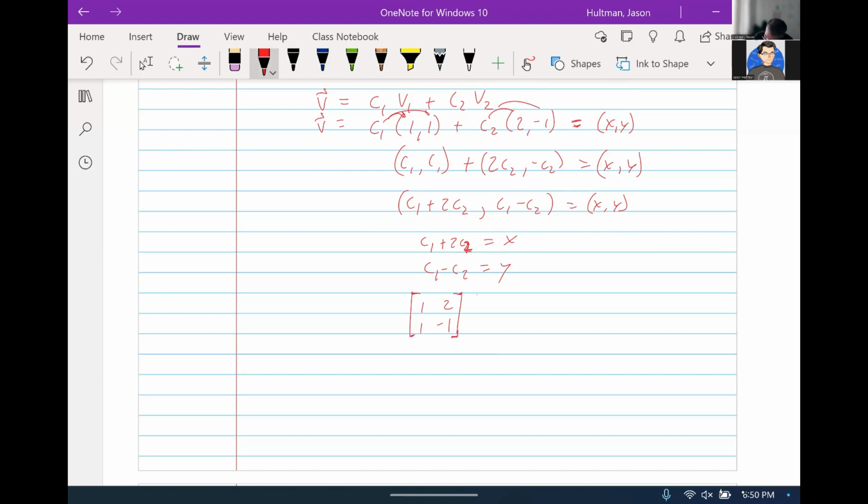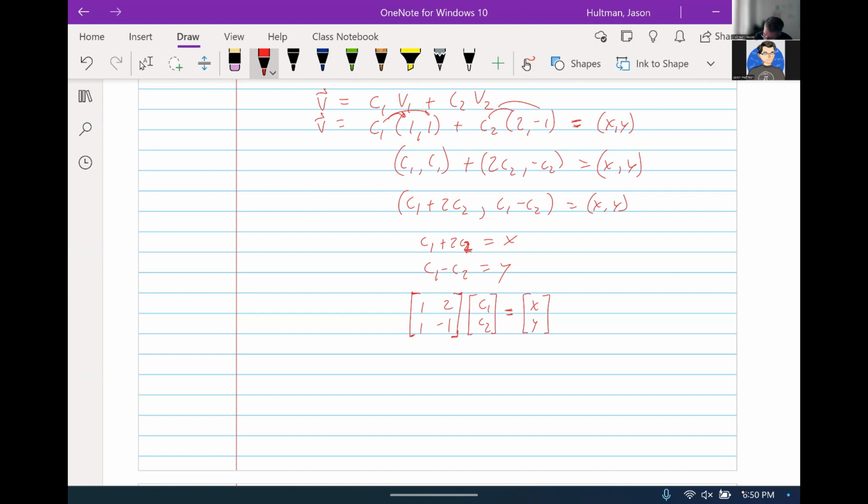I've got a constant matrix of c1, c2. And then I've got a variable matrix, or a variable vector, I should say. I've got a constant vector and a variable vector of x and y. So that'll be my variable vector.